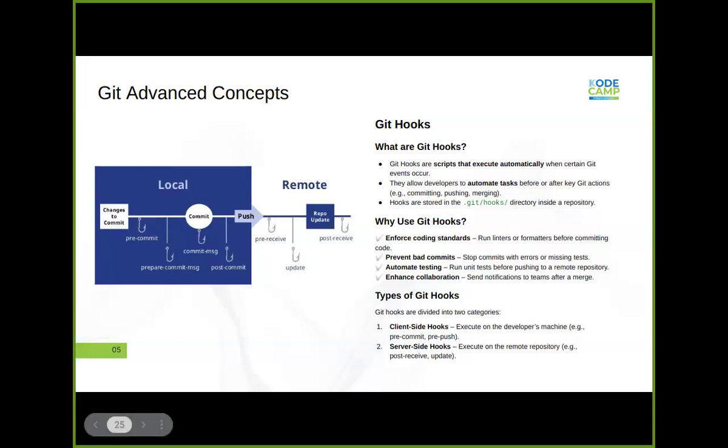Why use Git hooks? Git hooks enforce coding standards, which means running linters or formatters before committing code, prevent bad commits, automate testing, and enhance collaboration. It's an advanced concept, so we may not go deep into it, but like I said, I want everybody to understand it.